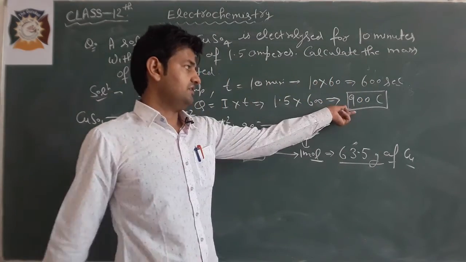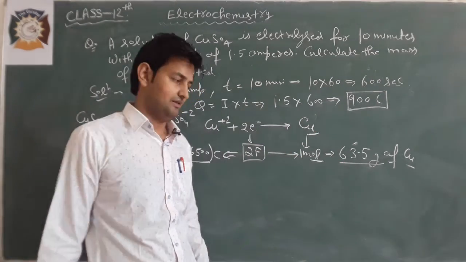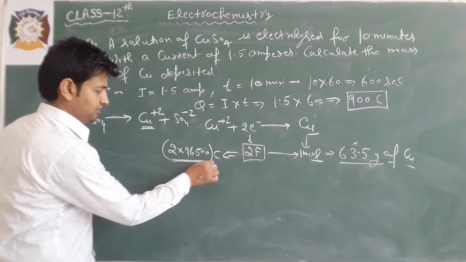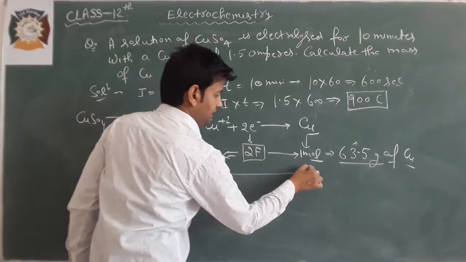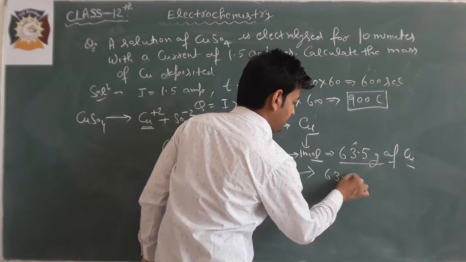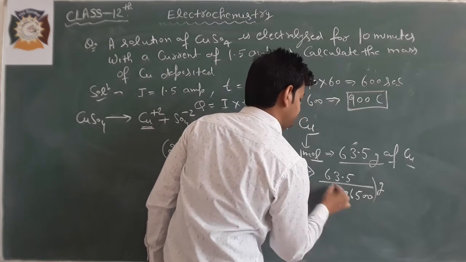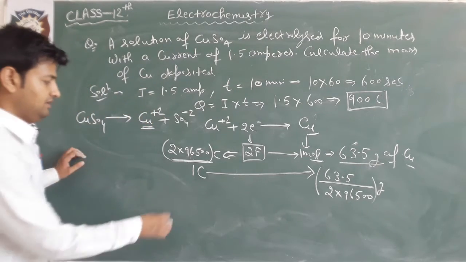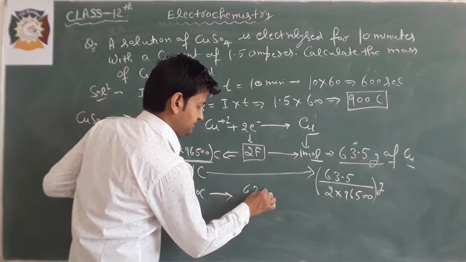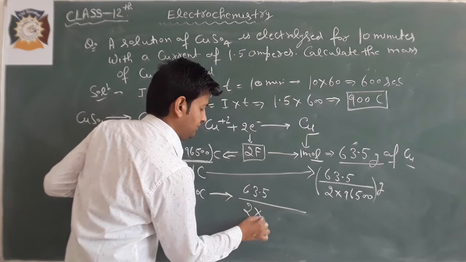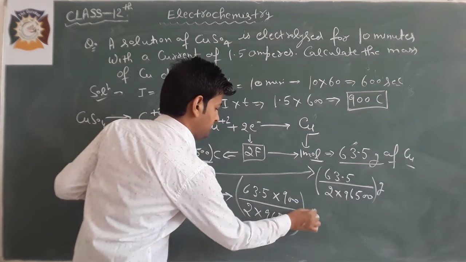Then this charge of 900 coulomb deposits what amount of copper, we can easily calculate. If 2 into 96500 coulomb deposits 63.5 gram, then 1 coulomb of charge will deposit 63.5 over 2 into 96500 gram, and for the deposition of 900 coulomb it will deposit 63.5 over 2 into 96500 into 900 gram.